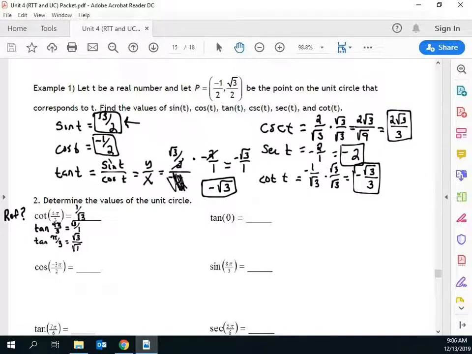And then rationalize. So it kind of makes a U. Here, take the inverse, reference angle, find the value, find its sign, then flip it.